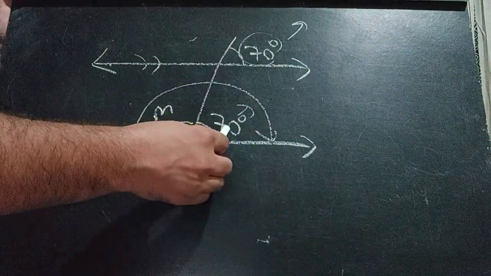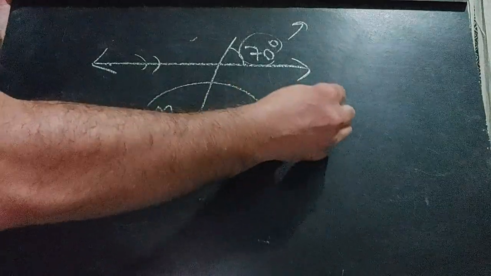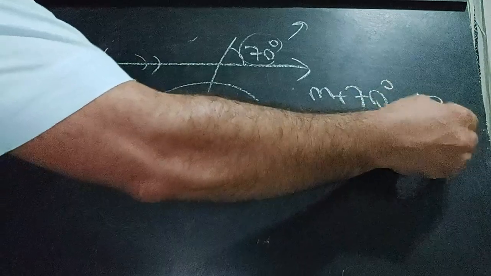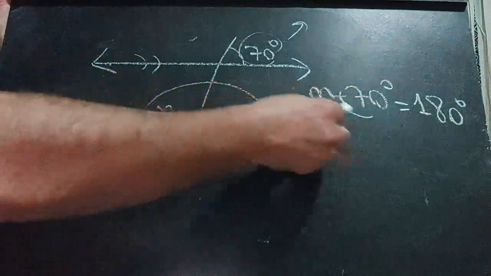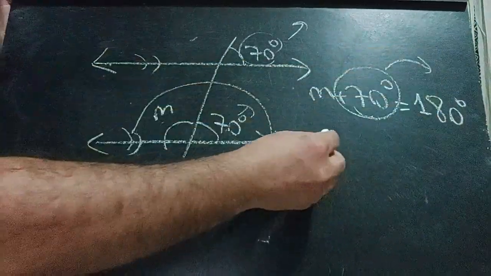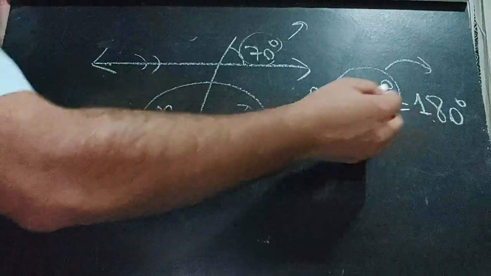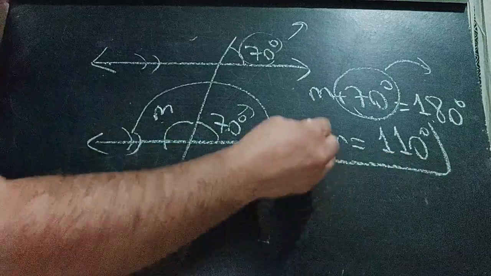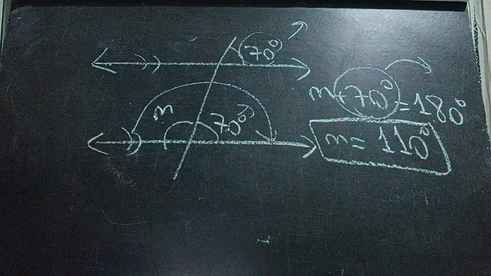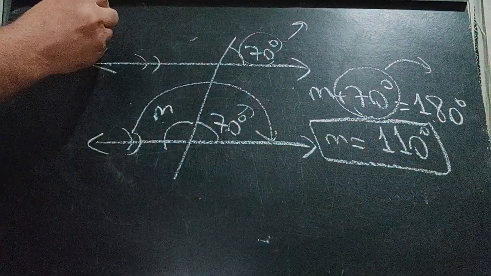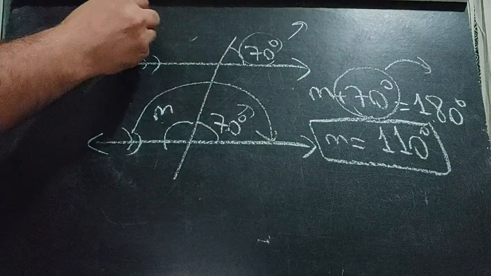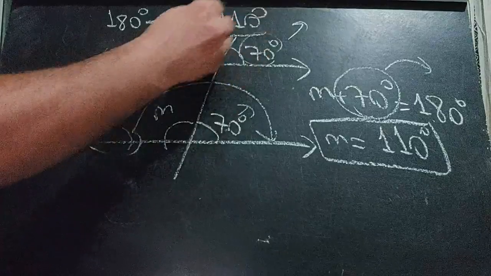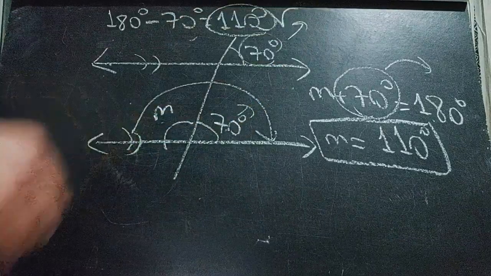M plus 70 equals 180. So this will go to the other side as subtraction, and is going to be 180 minus 70, which is 110 degrees. You could just say that like this: 180 minus 70 equals 110. That will be the answer for M.